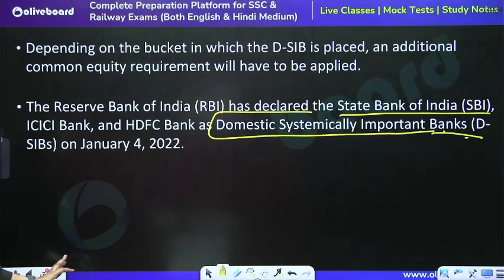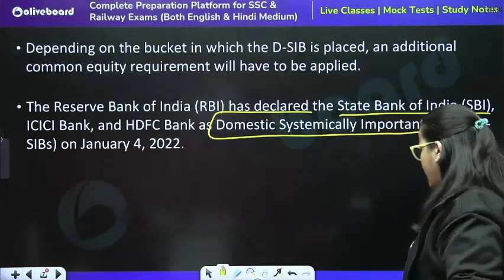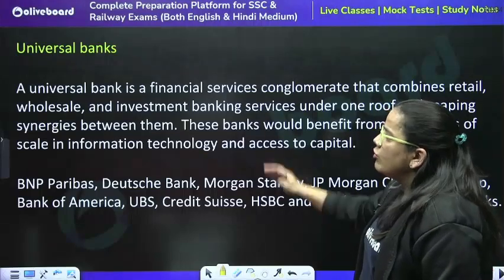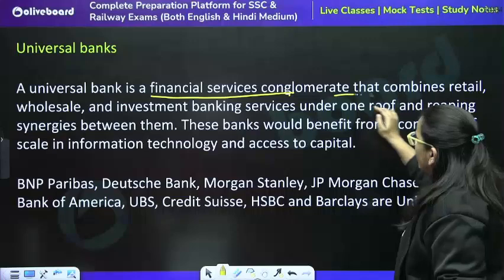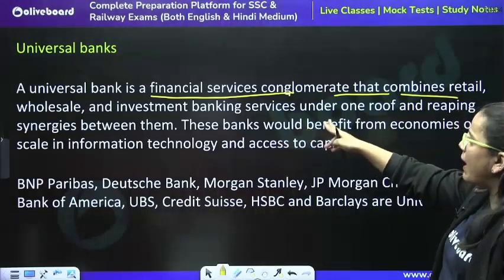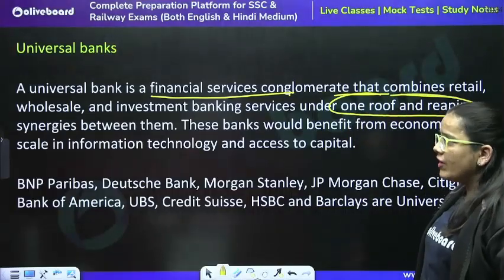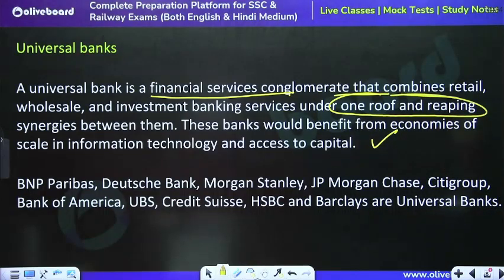Generally, some scheduled commercial banks are termed domestic banks. Now, what is the universal bank concept? A universal bank is a financial services conglomerate that combines retail, wholesale and investment banking services under one roof. These banks benefit from economies of scale, information technology and access to capital.